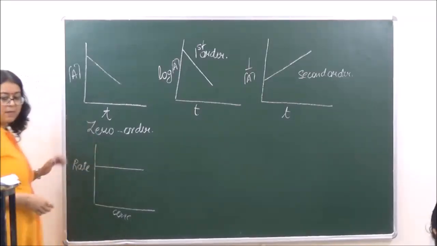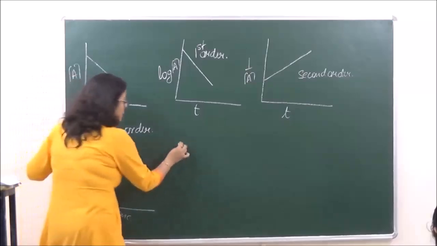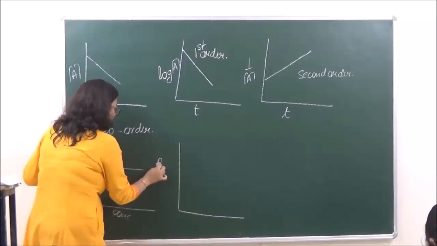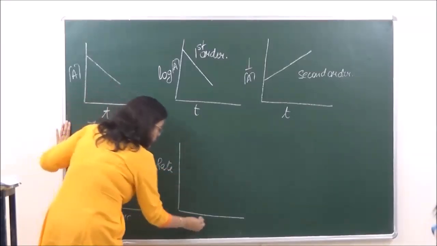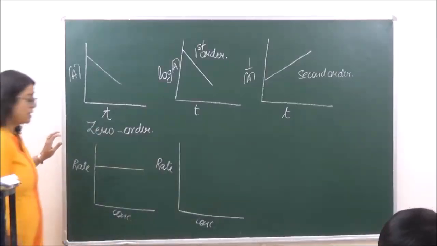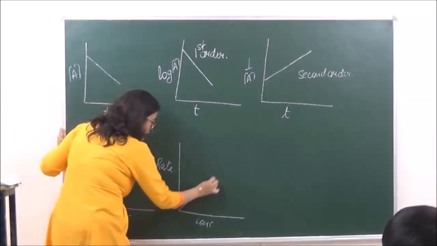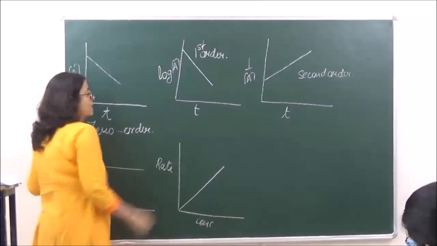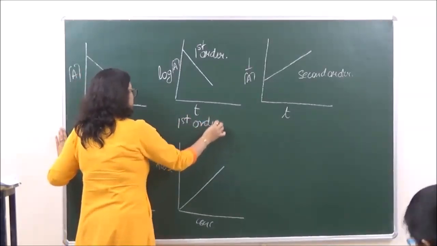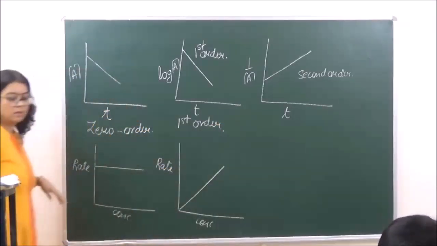Similarly, if the graph between rate and concentration comes as a straight line, then this is for first order.